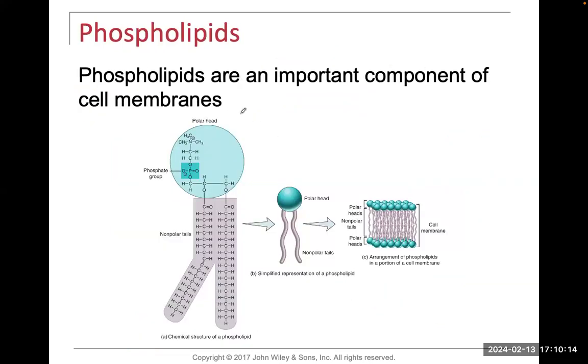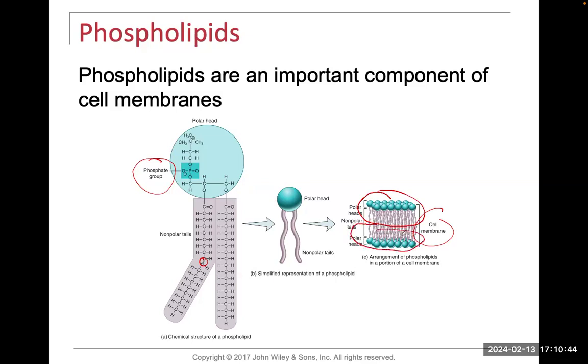Here's our phospholipid. You can see here's your phosphate group, your PO4. This is a saturated fat. And this one has a double bond right here. It's an unsaturated fat. So the cell membrane, we call it a phospholipid bilayer because here's one group of this, and on the other side is another.